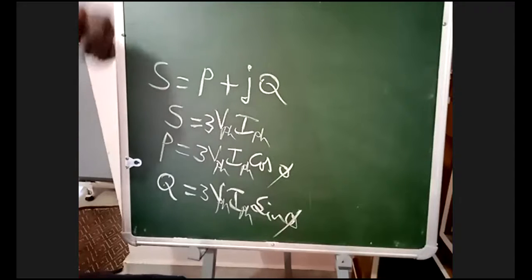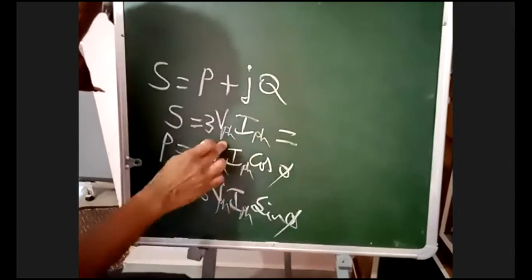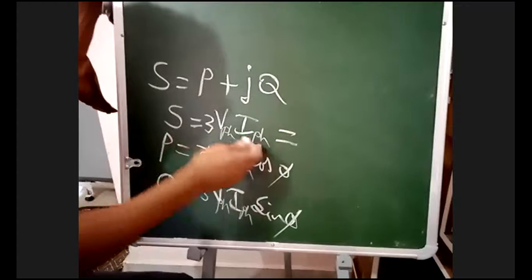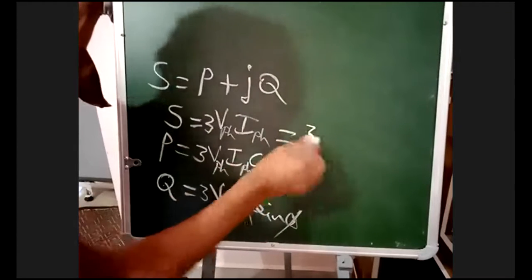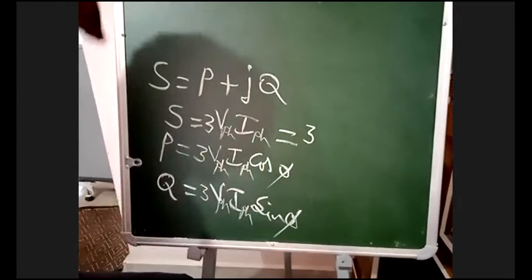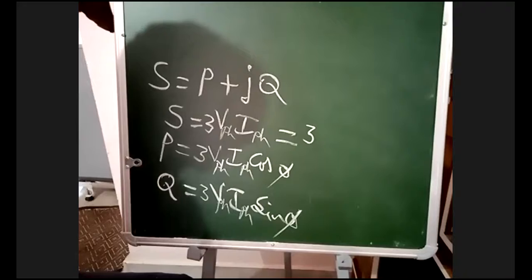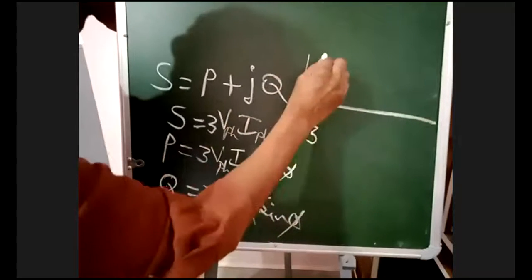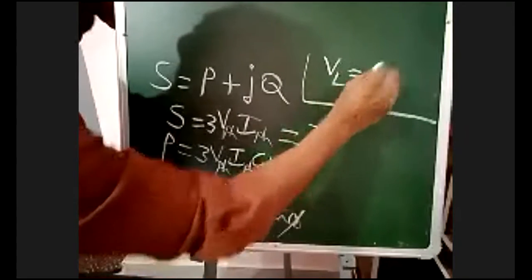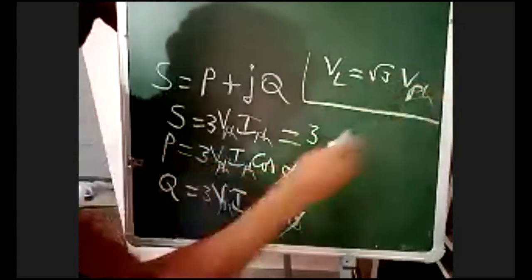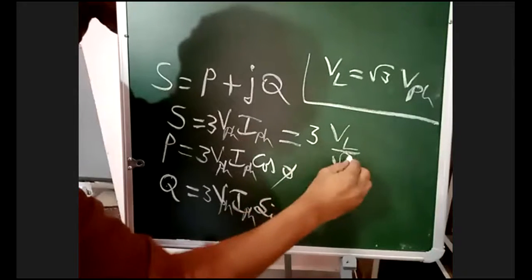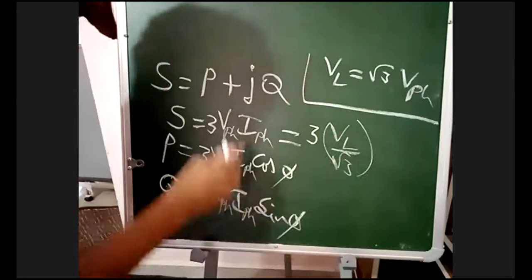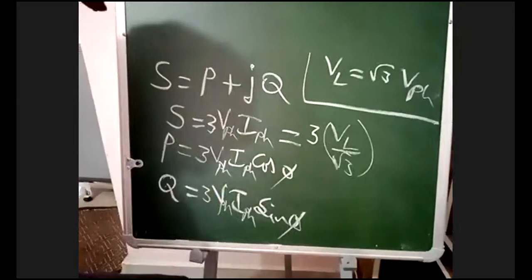This is in terms of phase voltage. Now if you convert into line quantities, what is V phase in terms of line voltage? V phase is equal to VL by root 3. In star connection, what is the relation between I phase and IL?